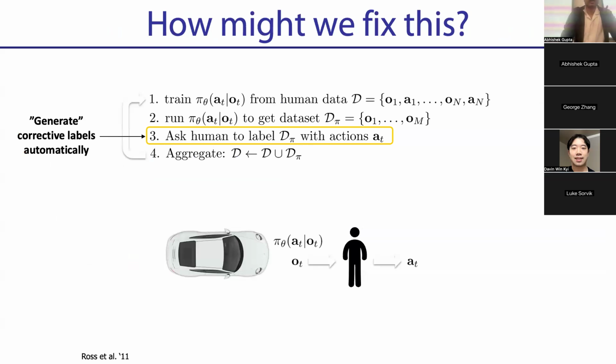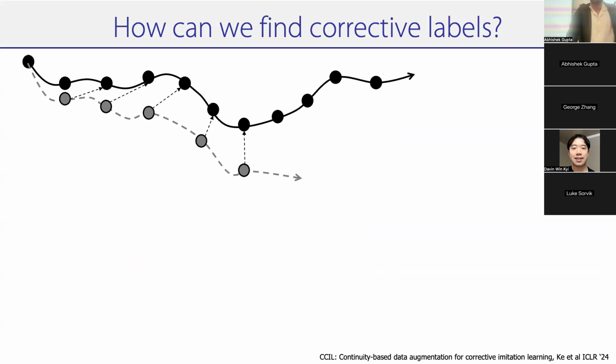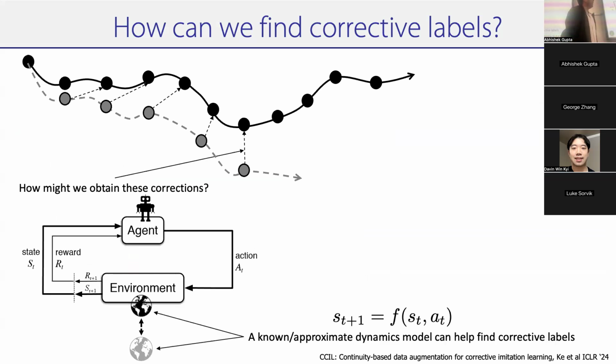And so that brings us to this idea of generating corrective labels automatically. Right. And so this is some work from my group. But the idea we're trying to think about is how do we find corrective labels that bring you back to the data, but without a human, right? So I want to get rid of the human, and I want to find a way to bring these corrective labels that bring you back to the data, without actually requiring a human, right?